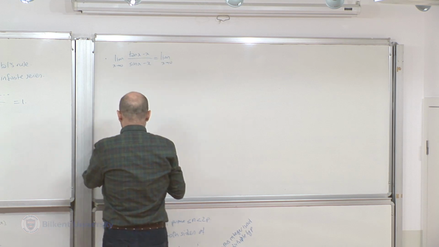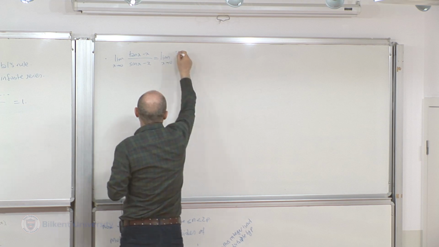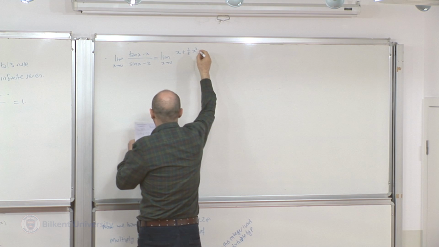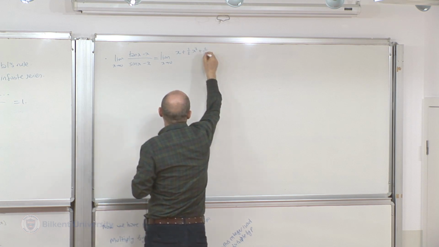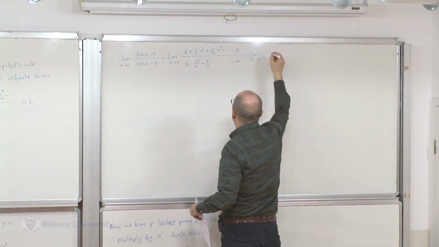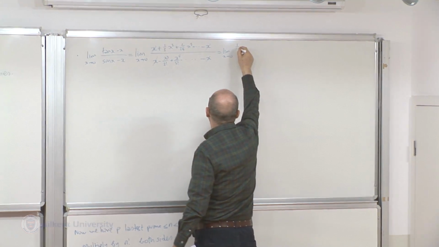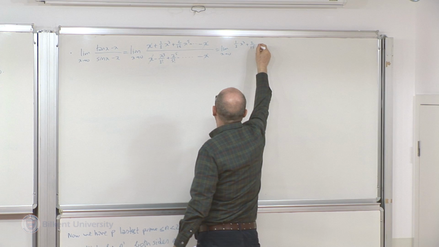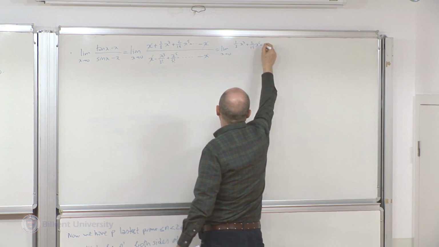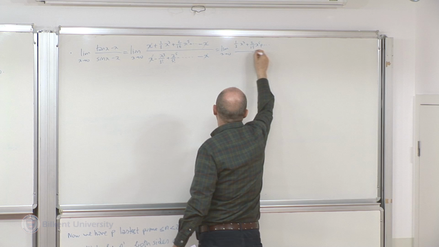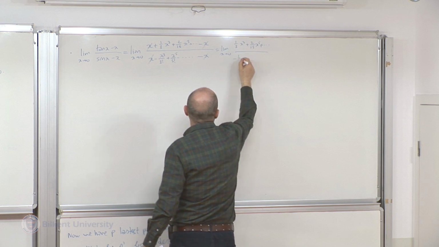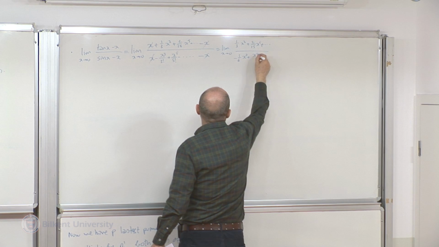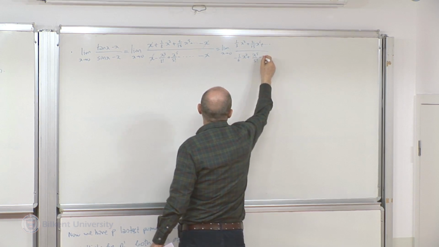Power series of tangent x is something like this. 1 plus 1 over 3 x cubed plus 2 over 15 x^5 plus, all of them are plus. This is minus 1 over 6 x cubed plus x^5 over 5 factorial.